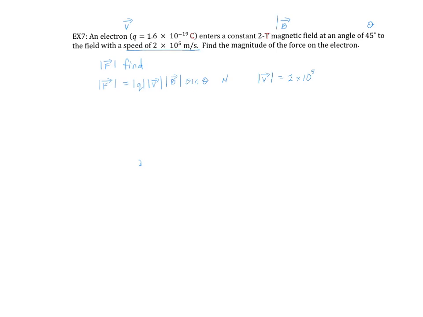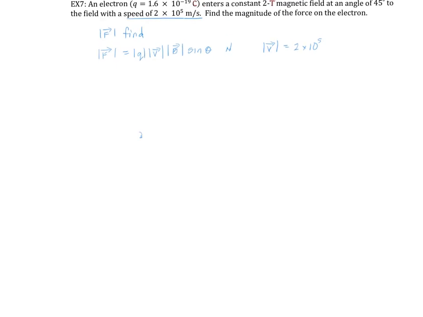So that is the magnitude of B. Again, I'm going to leave off the T, and then I can write the magnitude of my force as being the absolute value of Q, which is 1.6 times 10 to the negative 19, times the magnitude of V, which is 2 times 10 to the 5, times the magnitude of B, times sine of 45 degrees.